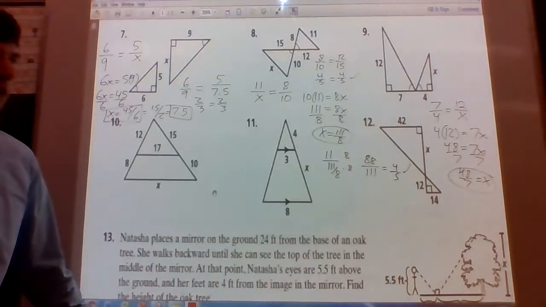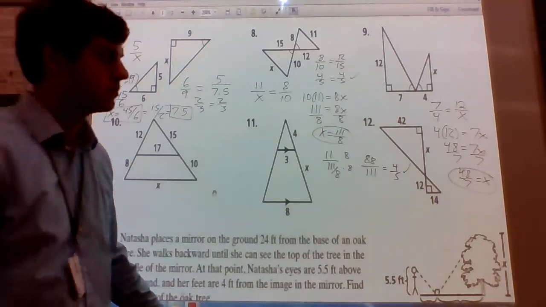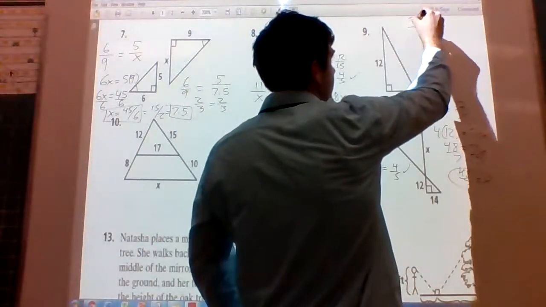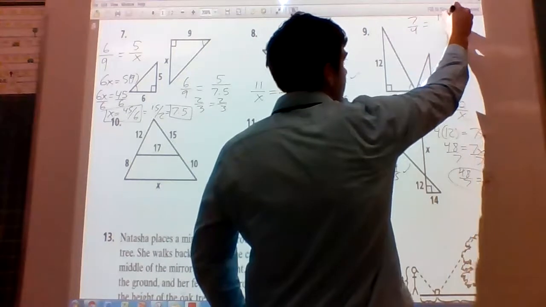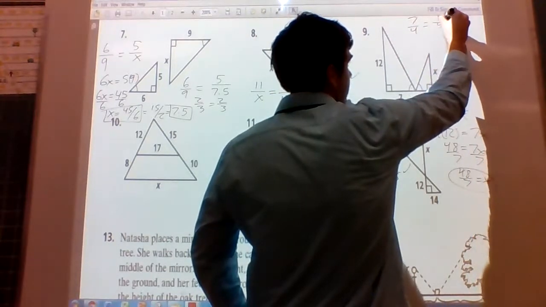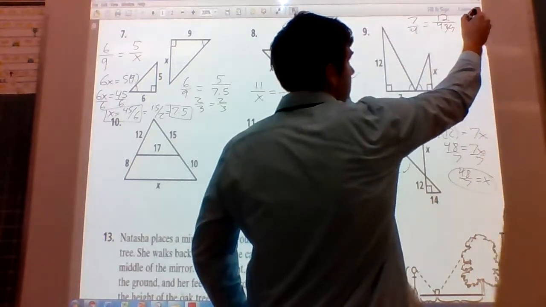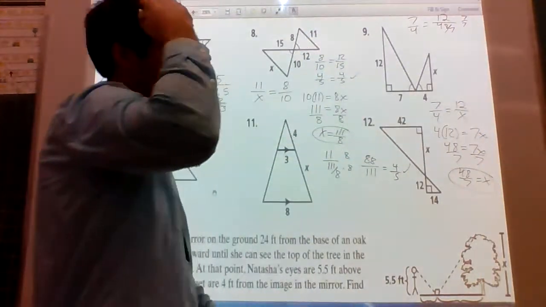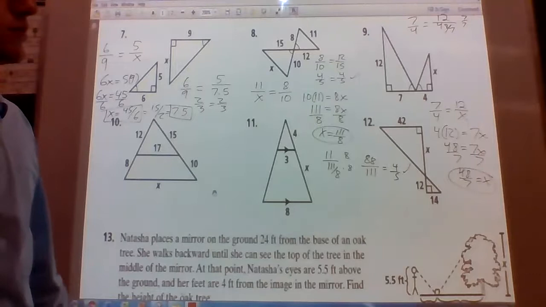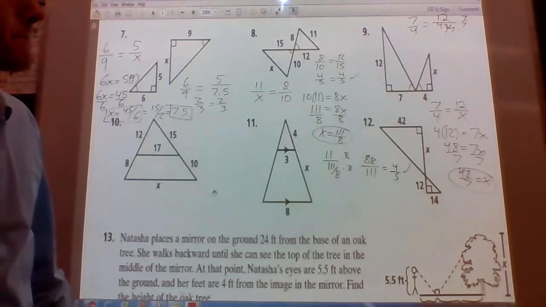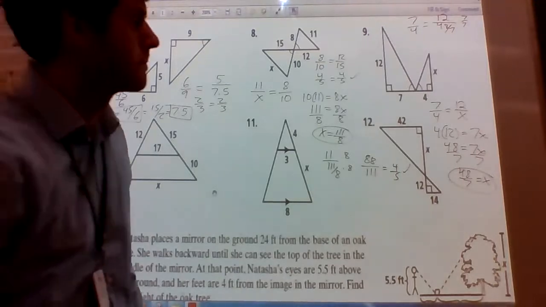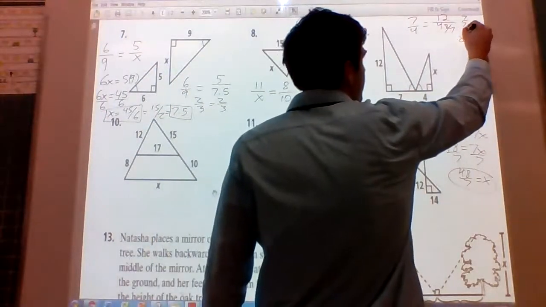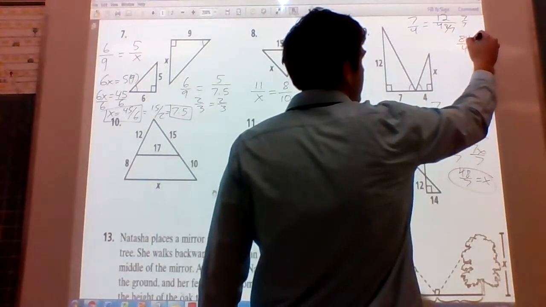Okay, we can check if that's right. 7/4 has to equal 12 over 48 sevenths. So multiply by 7 over 7. 12 times 7, was that 72? Nope, 84. 84 over 48.